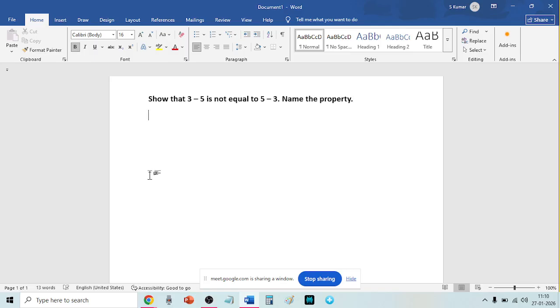So first again left side: 3 minus 5 equal to how much?